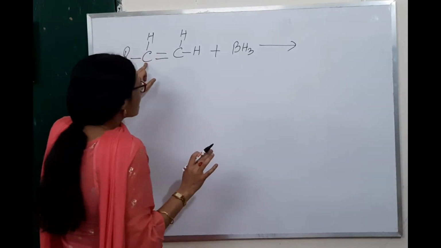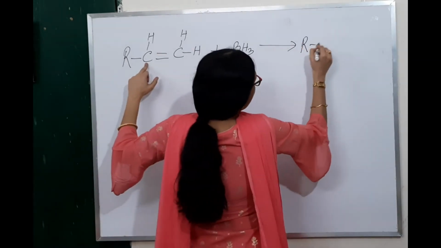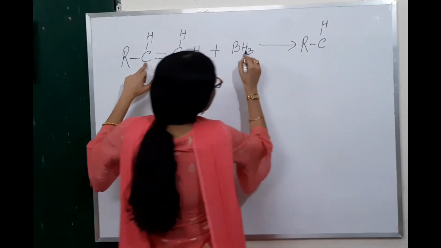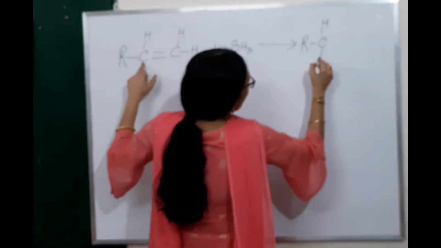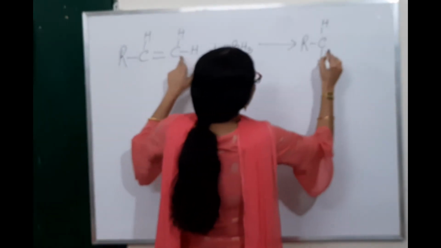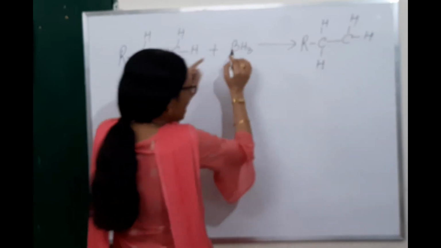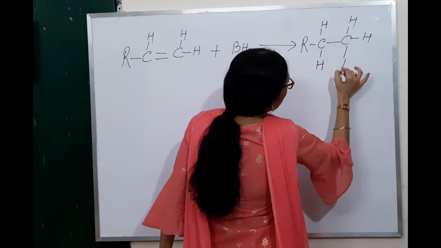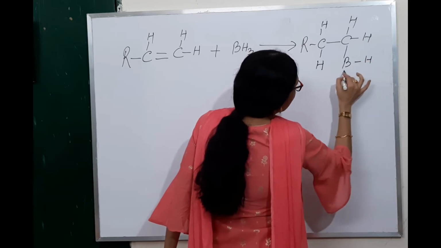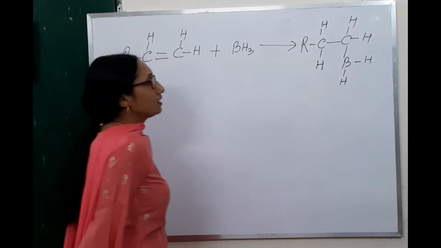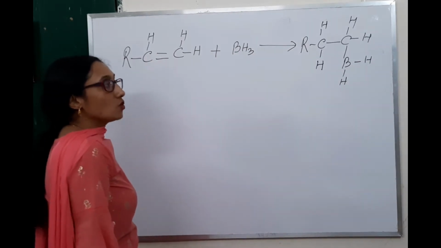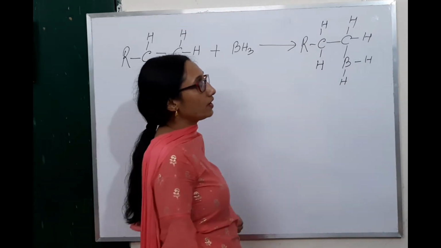So this carbon will add this H minus. So H, and what is left behind? BH2 plus, so BH2. This compound is known as alkyl boron.